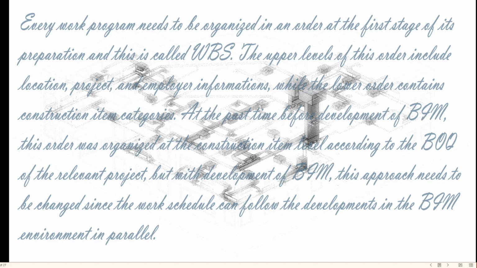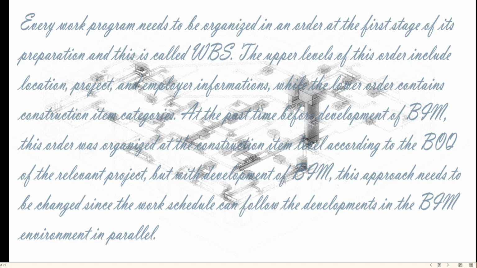Every work schedule needs to be organized in an order at the first stage of its preparation, and this is called WBS, Work Breakdown Structure. The upper levels of this order include location, project, and employer information, while the lower order contains construction item categories.